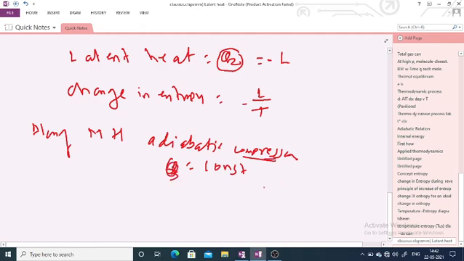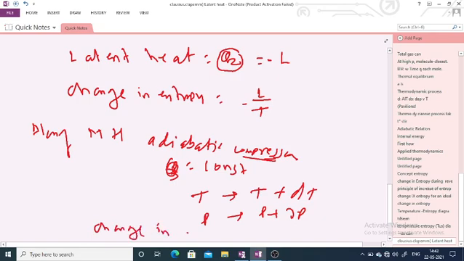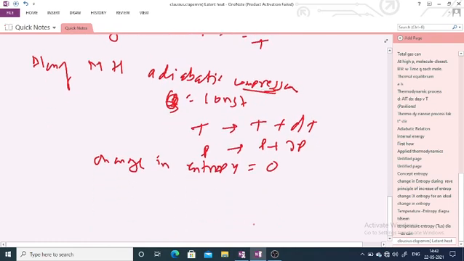Compression is there, so temperature will increase from T to T plus dT, and pressure increases from P to P plus dP. There is no exchange of heat, so the change in entropy is equal to 0. And lastly your system comes to its original state by completing one cycle.